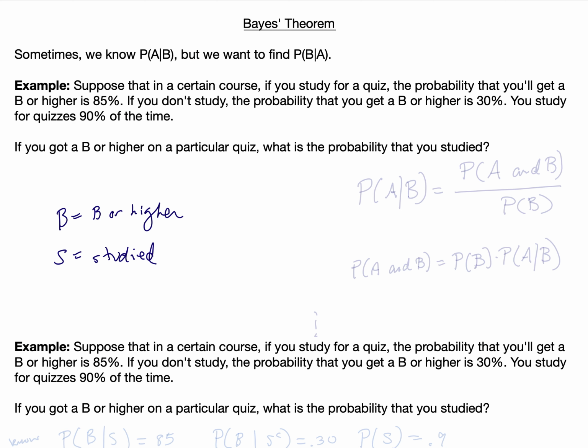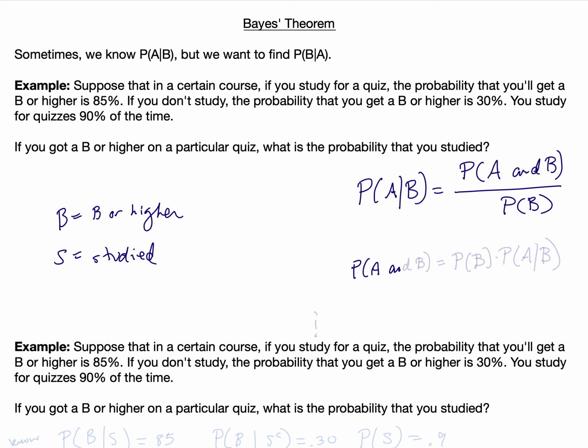Something to keep in mind is that the probability of A given B in general is the probability of A and B, the probability of both things occurring, divided by the probability that B occurred. And remember that formula for conditional probability we get by taking the multiplication rule.